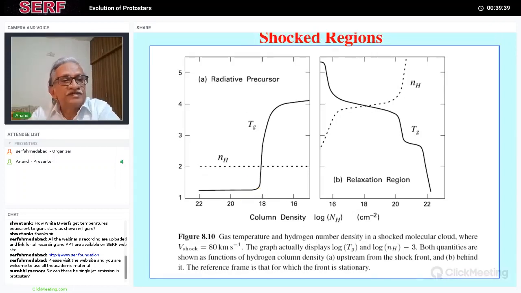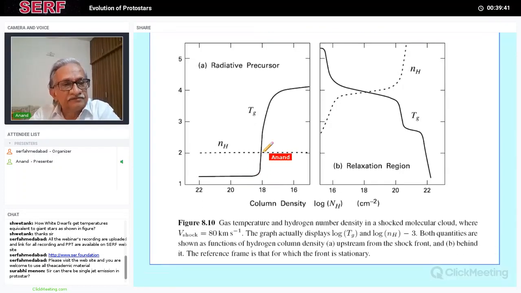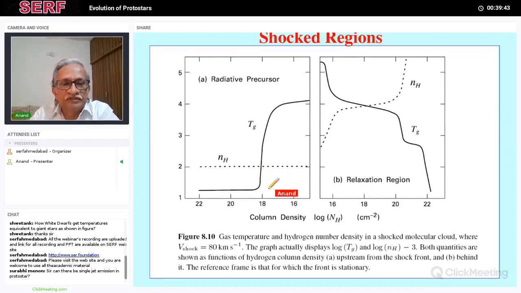Now there are shocks which are happening, which I have said already. There are accretion shocks and so on. So simply putting, this is the column density here, okay, and this is the precursor here. When the shock is propagating into the medium, the temperature rises, because it's compressing, and also the density rises here.